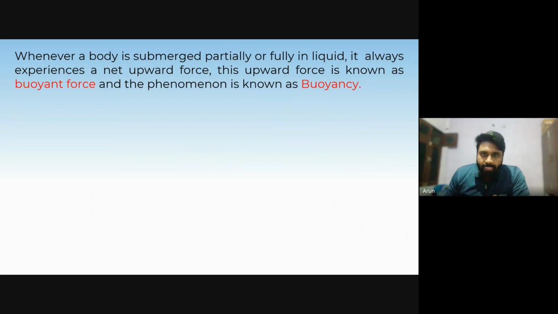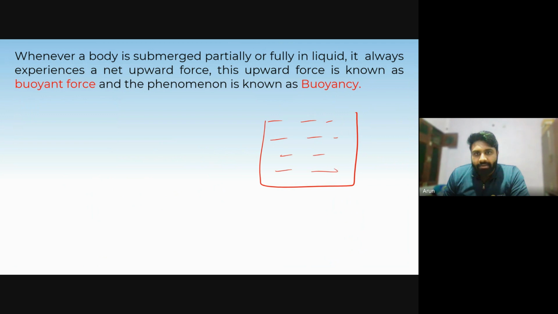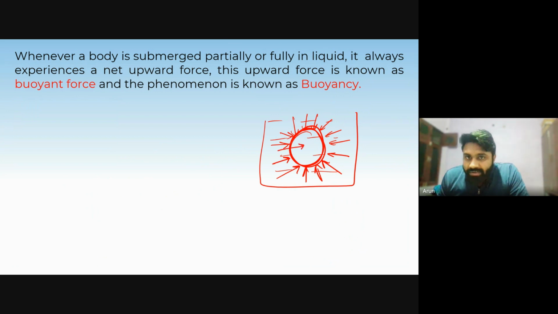You will see, if there is a liquid and we have considered an object in it, the liquid will exert a pressure which is uniform in nature and radially inward. Why is it so? Because this water wants to come inside, to fill this space.